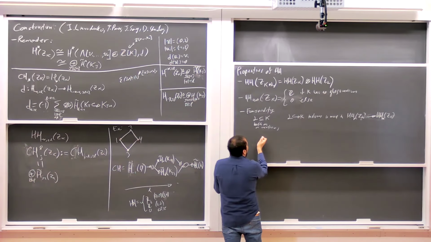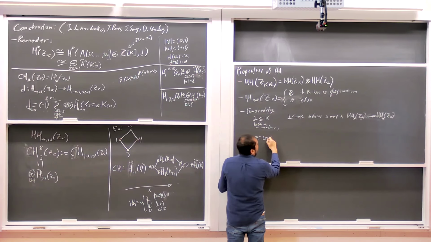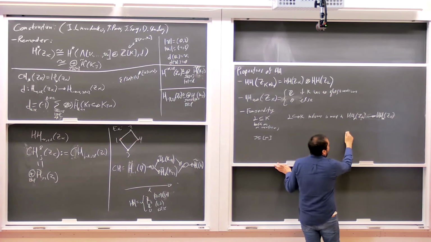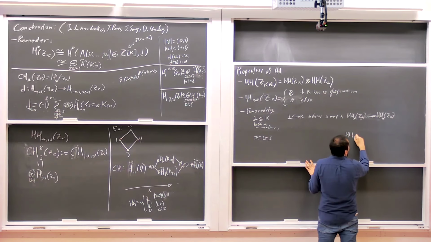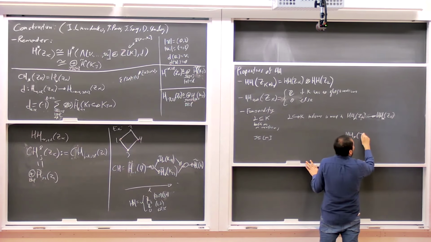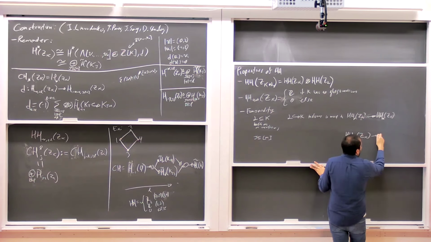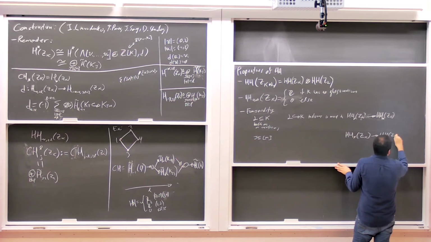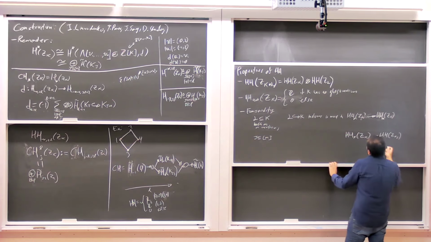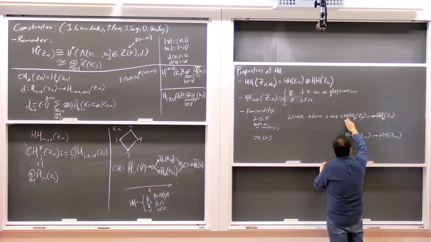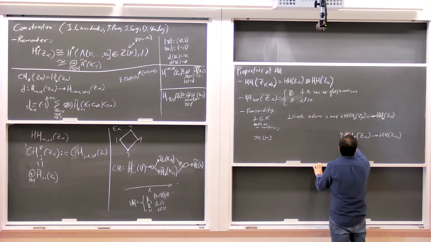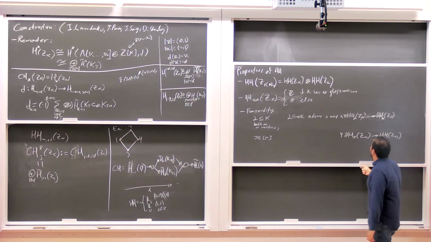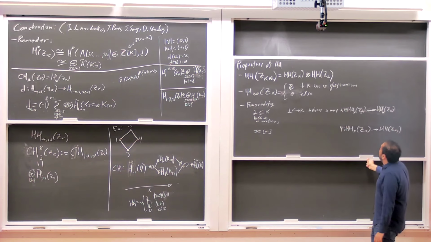Turns out that if you have a full subcomplex, then there's another map that looks like this to HH. Personally, I call this one phi and this one psi. But we use those letters for everything, so it doesn't really mean much.